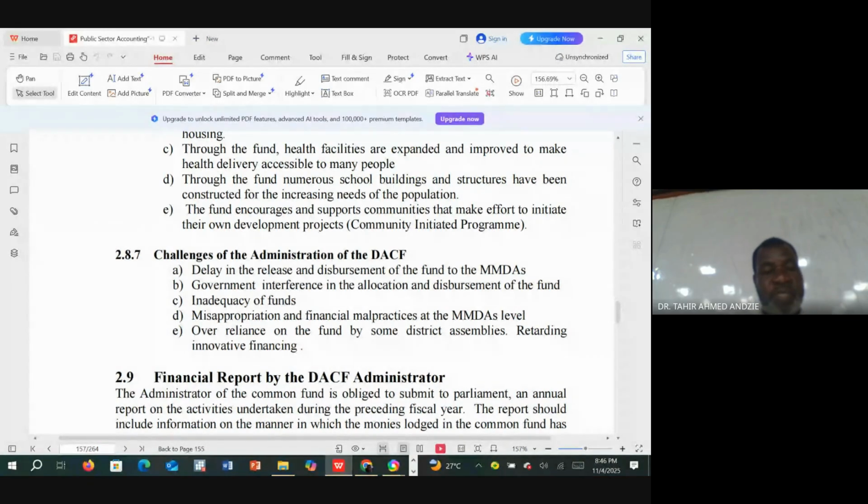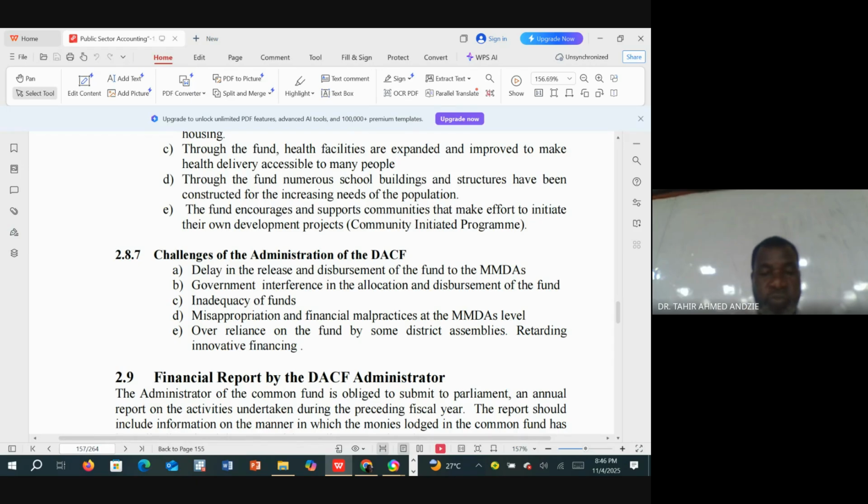Take note, misapplication is where the money is not used for what it is supposed to be used for. We have budgeted for what we are given. We are supposed to use it for building of schools, provision of water, provision of housing and those things. Now, when it comes, they use it for a different thing to benefit their own selves. Then malpractice here means any other form of corruption that goes on in this assembly to divert the fund to their private use. That is the issue here.